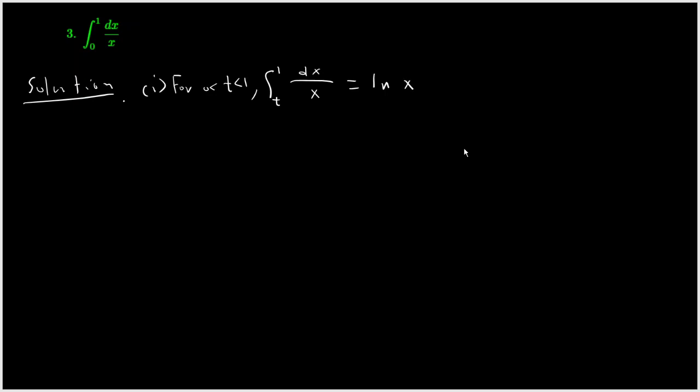When computing that integral, t is a number greater than 0, so x is between t and 1. When x is in between t and 1, x is positive, so you do not need the absolute value notation.